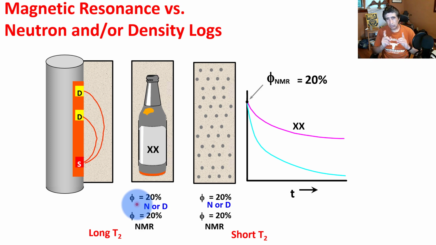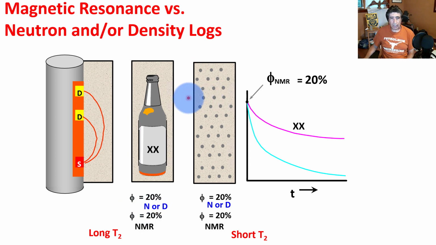And there are several physical principles that govern the decay of that signal. Sometimes it's a very fast decay, sometimes it's a very slow decay. Sometimes it has to do with the pores, and sometimes it has to do with the fluids. So let me explain this.